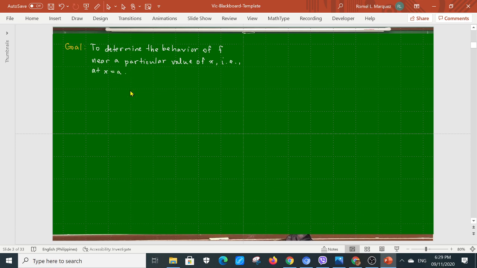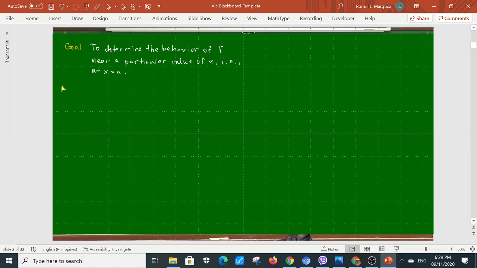So we want to know how f behaves near x equals a, not necessarily at x equals a. Of course, it's better if the function is defined at a, so no problem with that. But our concern is really on functions that are not defined there, and how the function behaves near such a number.